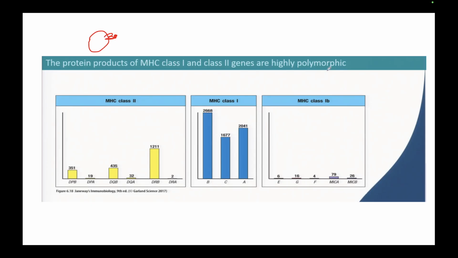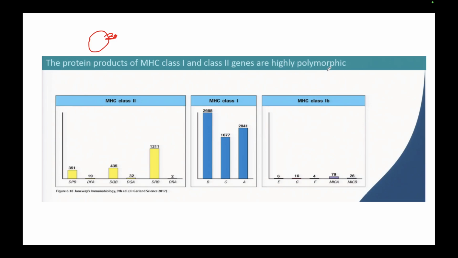Polymorphic means there is more than one variety of these MHC molecules. And why is that? Because there are only two types, MHC class 1 and class 2, but only these two MHCs are there to present all varieties of antigen to our T cells.